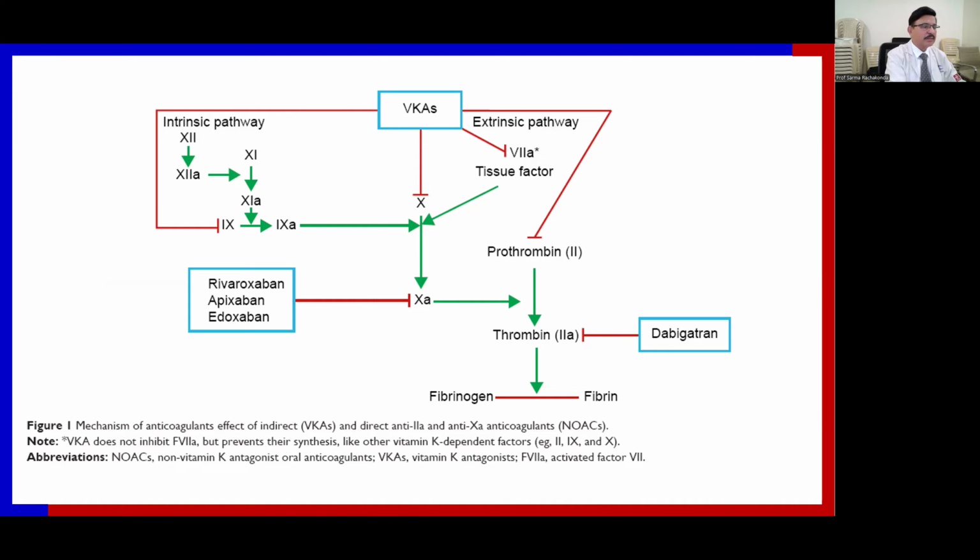These are the drugs. Vitamin K antagonists act here, that is warfarin and coumarin. Intrinsic pathway is affected by heparin. Rivaroxaban, apixaban, and edoxaban act on factor 10, and dabigatran acts on factor 2, that is thrombin, a direct thrombin inhibitor. Okay.